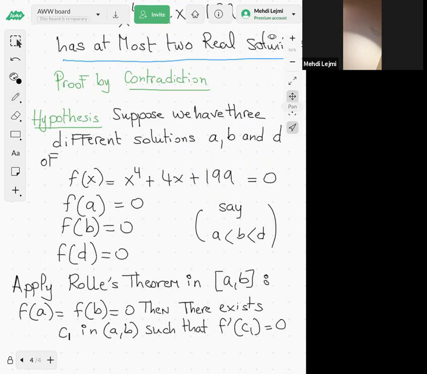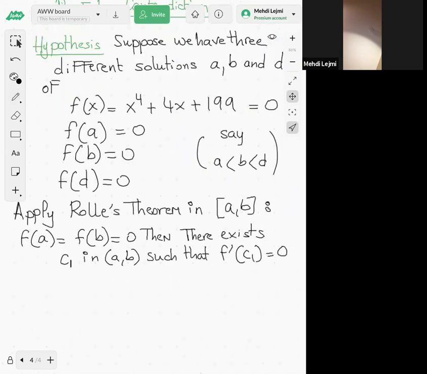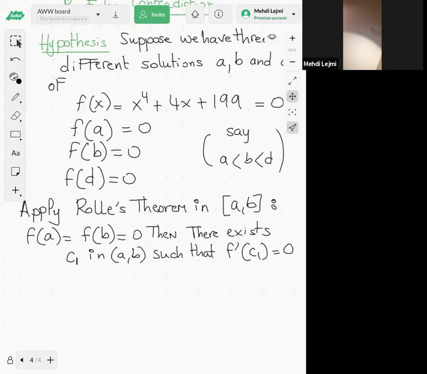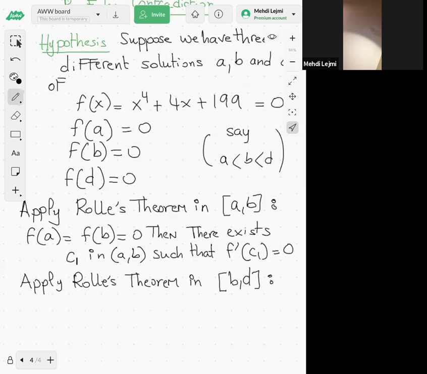Now, if I apply Rolle's theorem in the interval BD, I'm going to get a different solution, right? f of B is supposed to be equal to f of D, equal to 0.